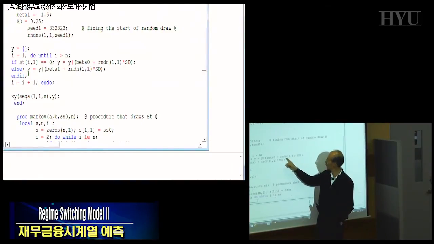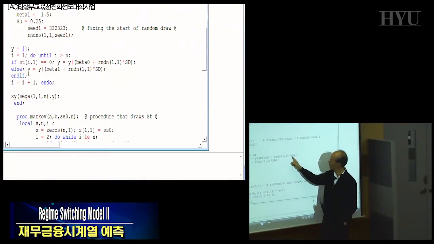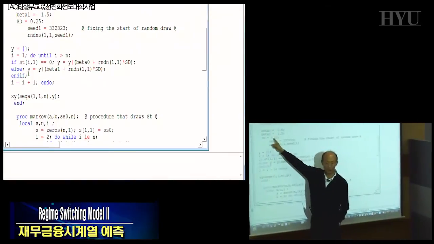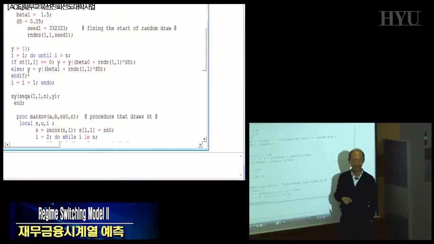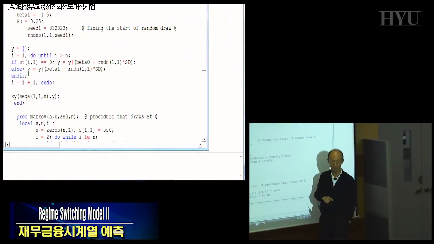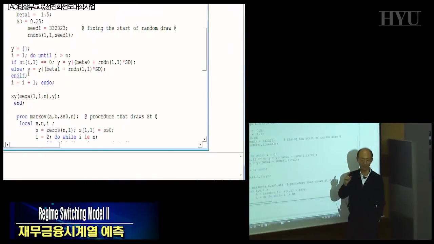So I draw one single number from the standard normal, and I multiply that by 0.25, the standard deviation, so this y will have a variance of 0.25 squared.